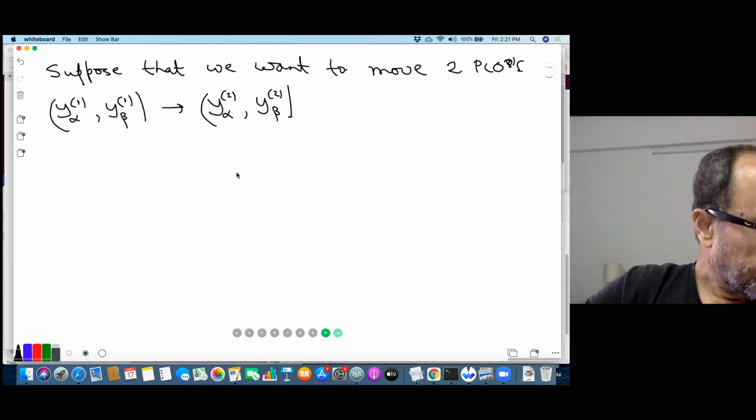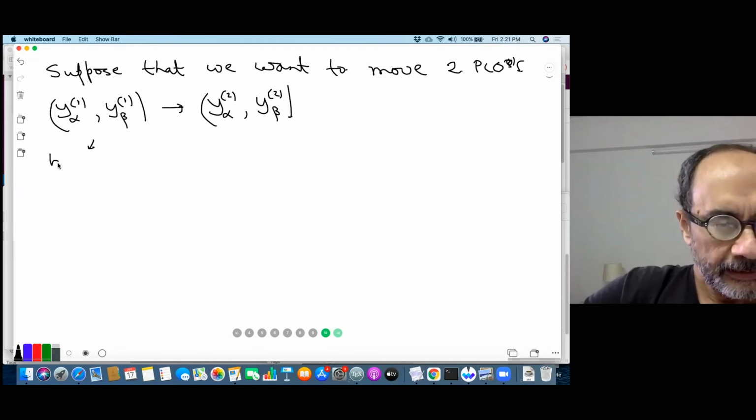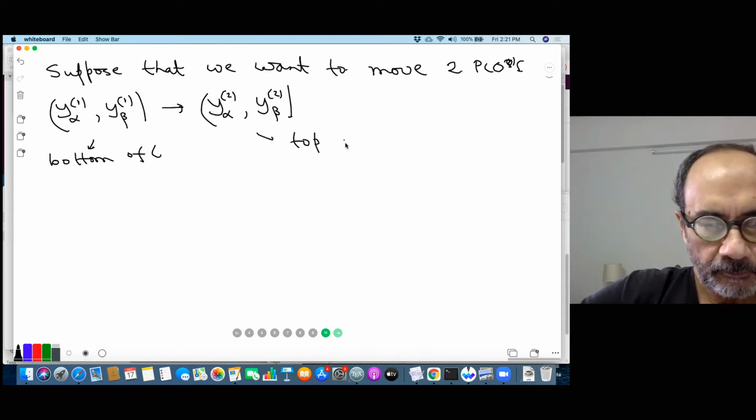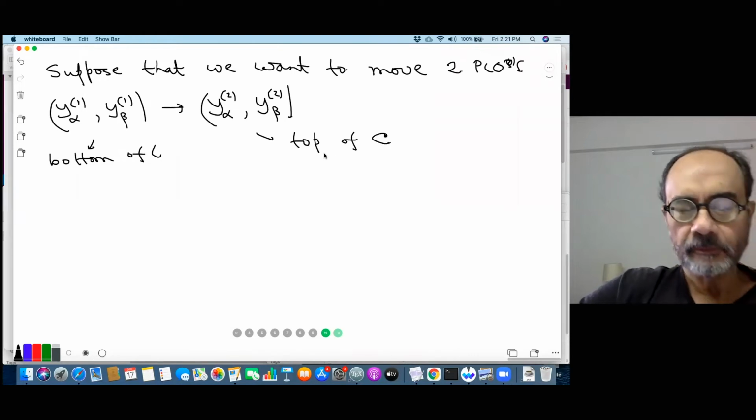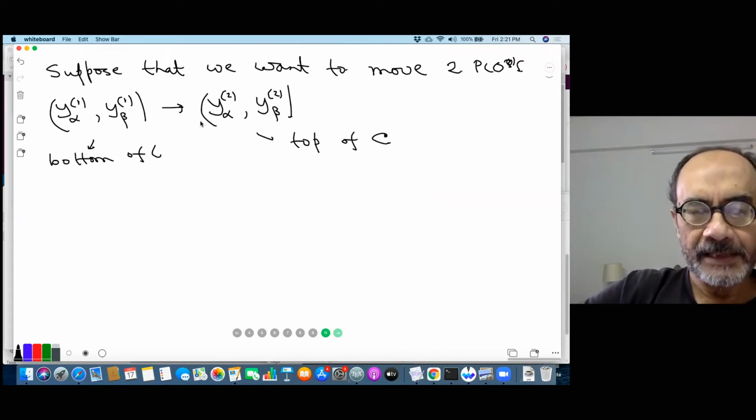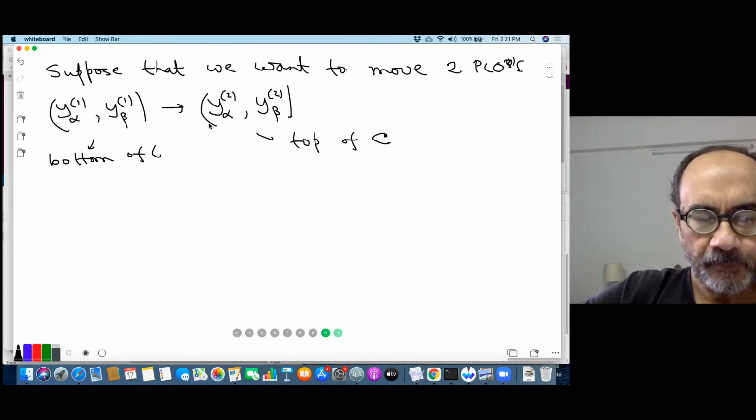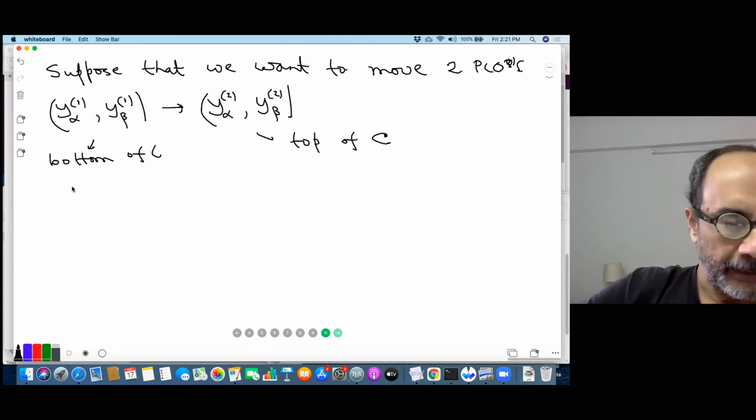So this is the bottom of C. This is the top of C. It turns out that if you want to get a divergence-free and unambiguous answer, you cannot move them together simultaneously. We have to do it one by one.